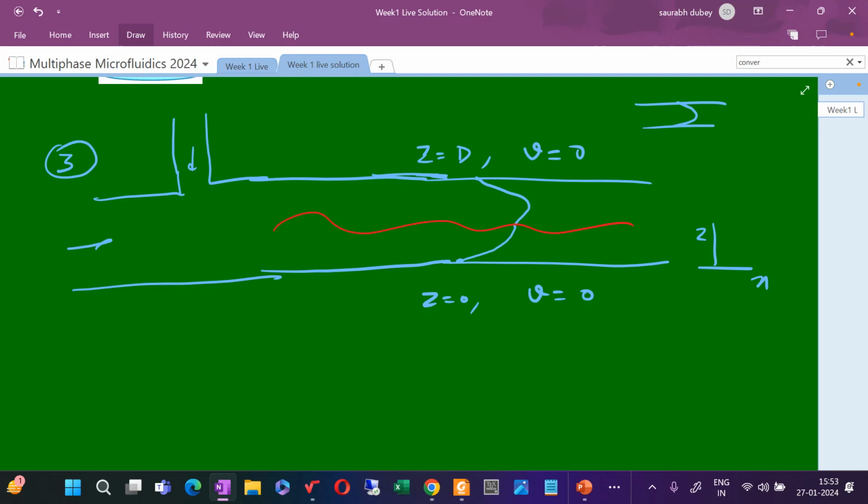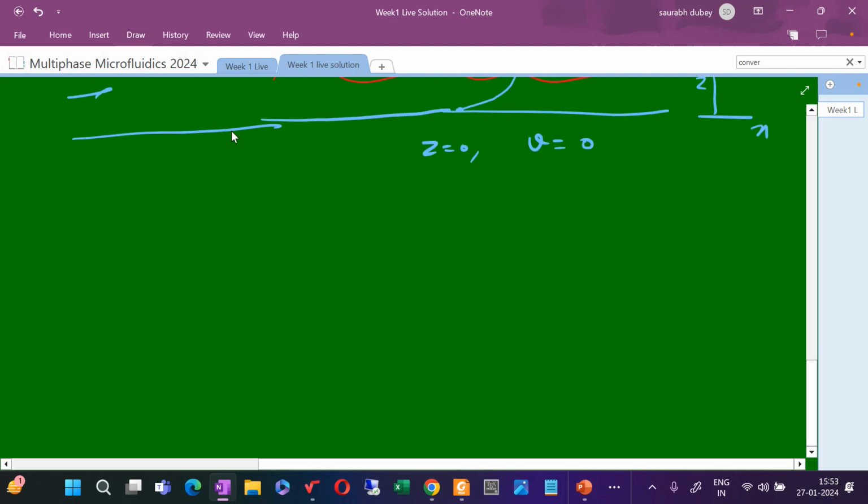So there are four balances at the interface. The first is the tangential balance in this direction. The second is the normal balance in this direction. Then continuity of velocity will be there.